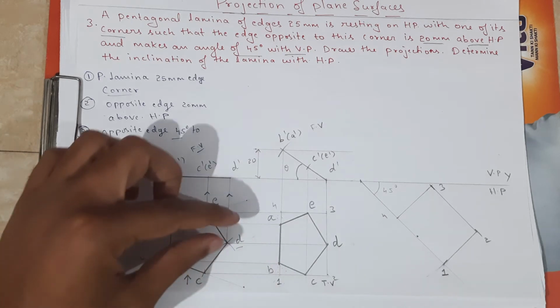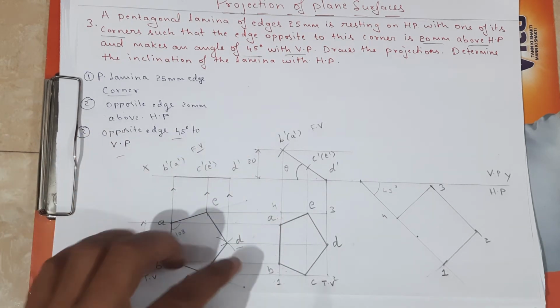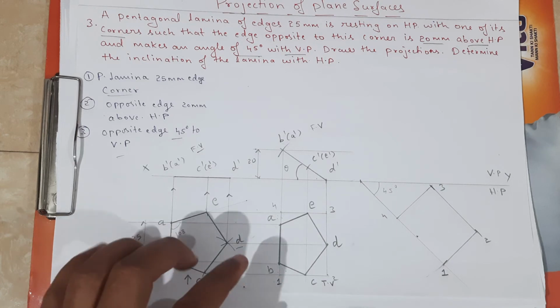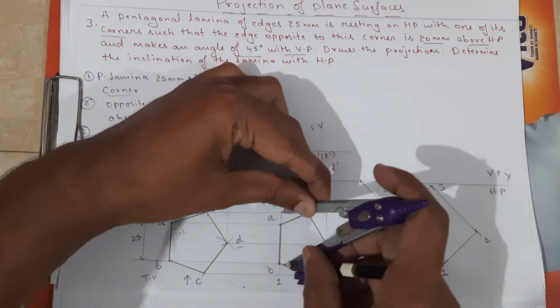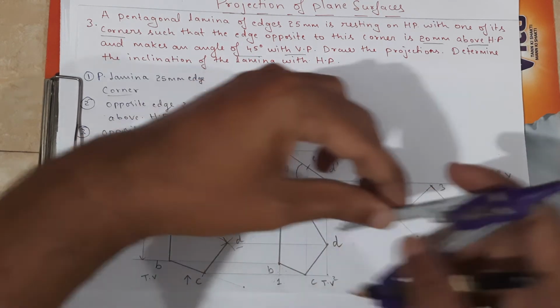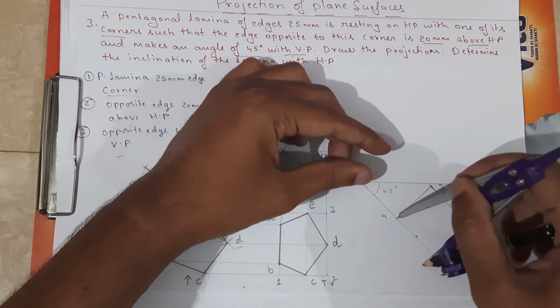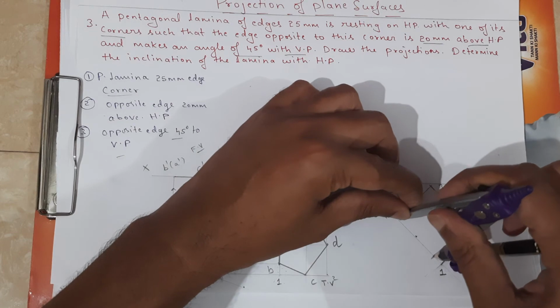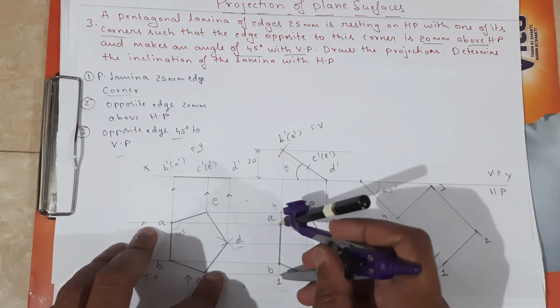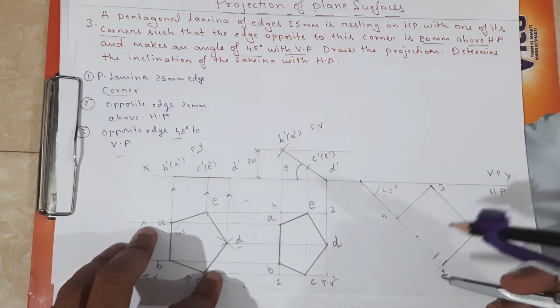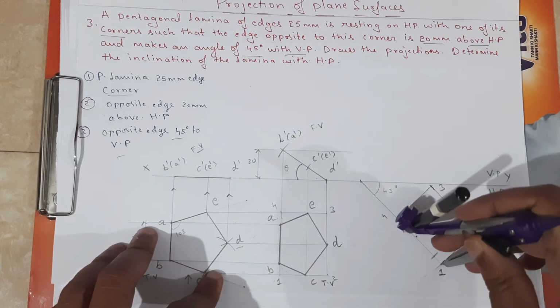After this I am going to locate the corners, that is, A and B between 1 and 4. So from 4 as center, 4B as radius, I am going to cut the arc. In the same way, take the measurement from 1 to A and cut the arc.